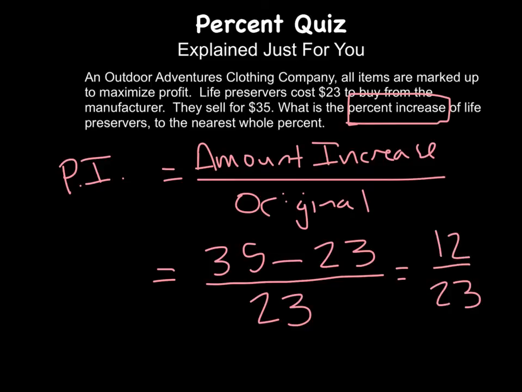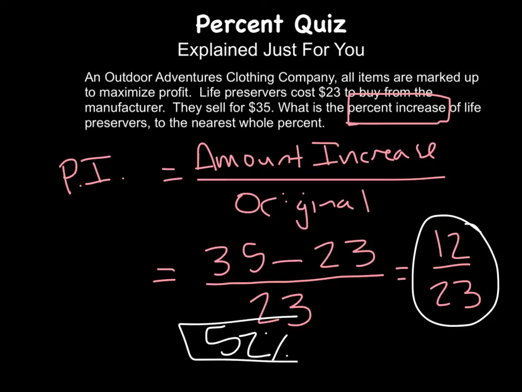And if we do this division, because all this really means is 12 divided by 23, it equals about 52%. And again, all we did was use, straight from the video, the tools that I give you, and then just plug in the numbers that I need to get my answer.